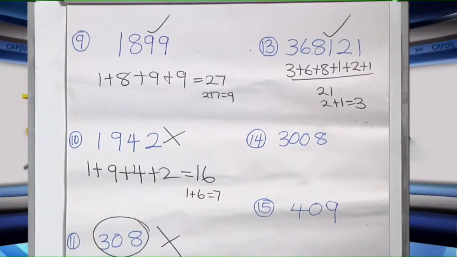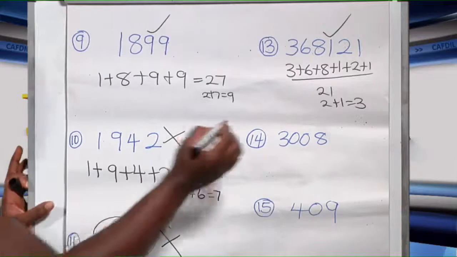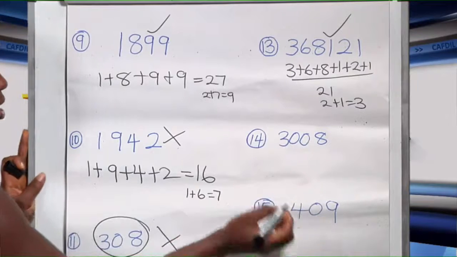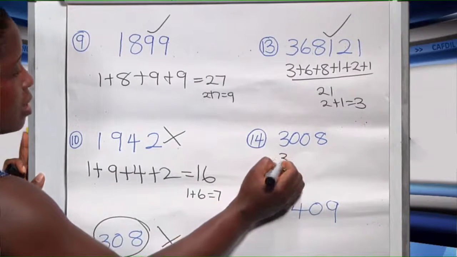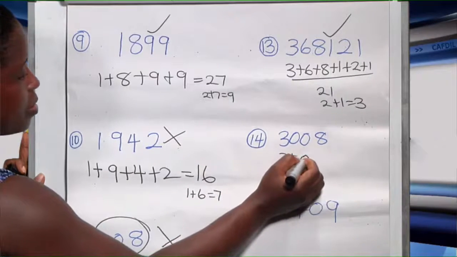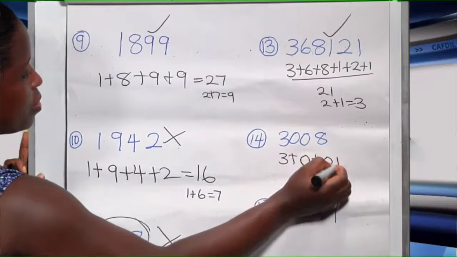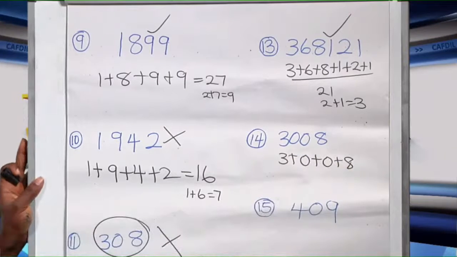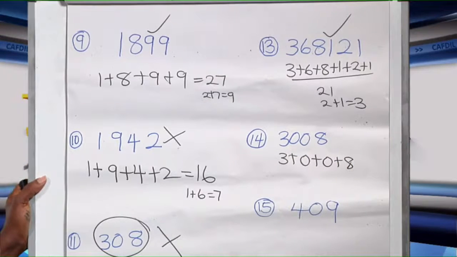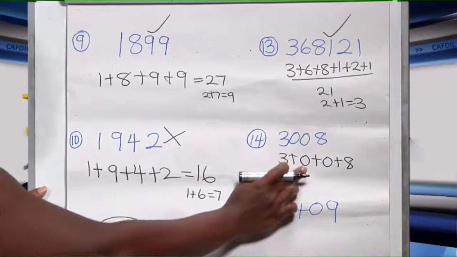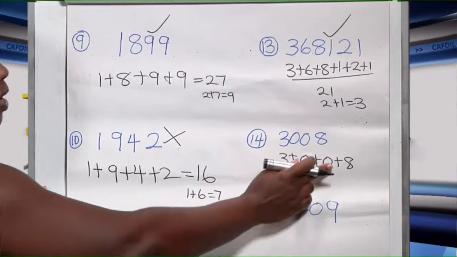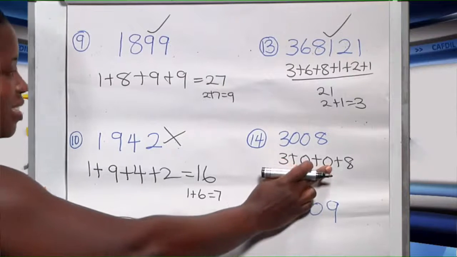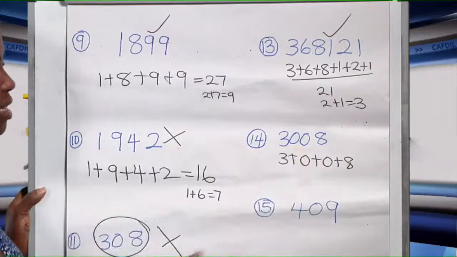Good. I want us to do it. Let's add all the digits of 3008, and it will be 3 plus 0 plus 0 plus 8. 3 plus 0 is 3. 3 plus 0 is 3, and 3 plus 8 is 11.